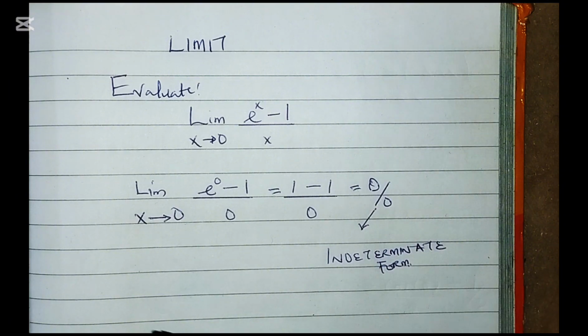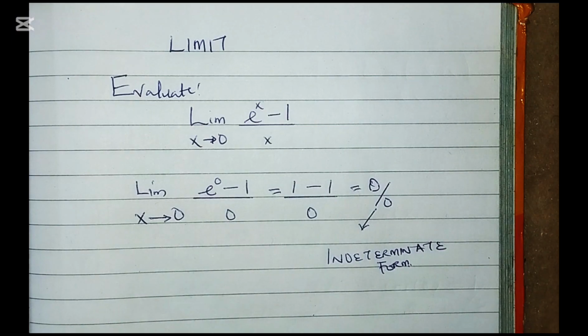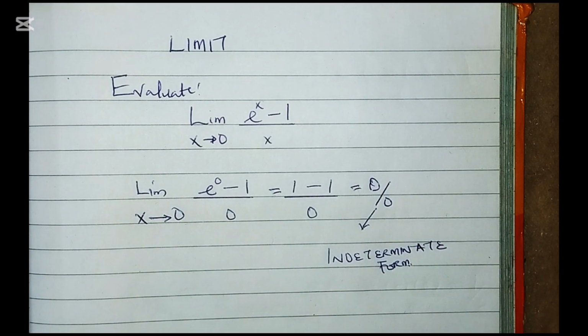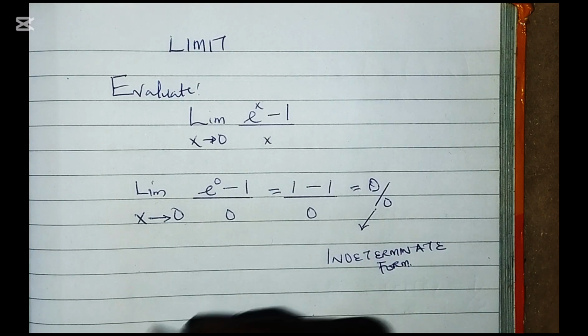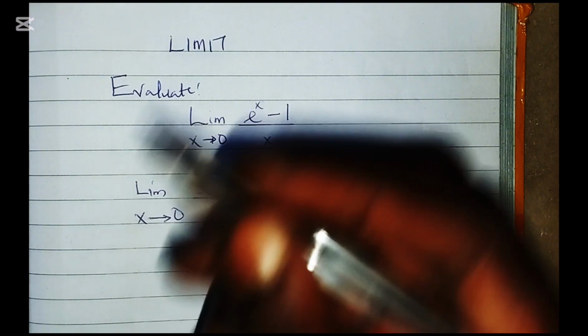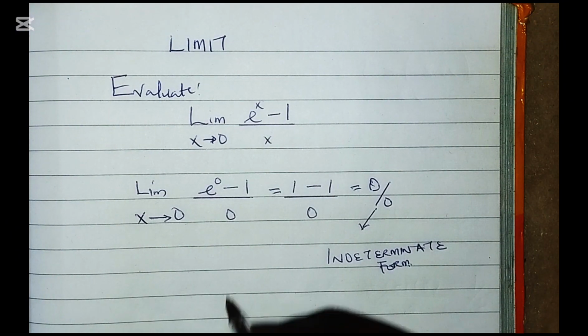But in this case, you can also use the Taylor series expansion for e to the power of x, or you can use L'Hopital's rule. In this video, I would like to show you both methods for your own understanding. So let us use the Taylor series expansion first.